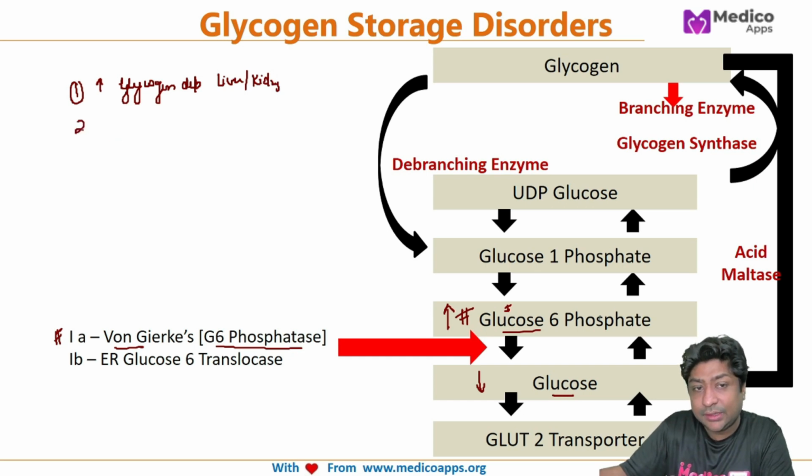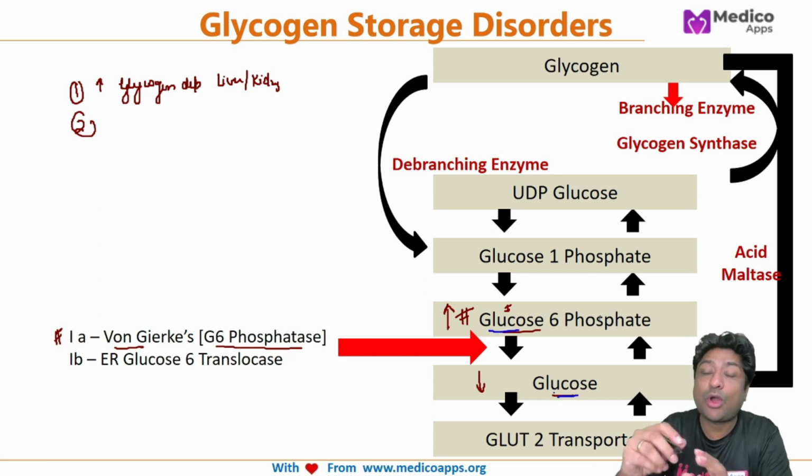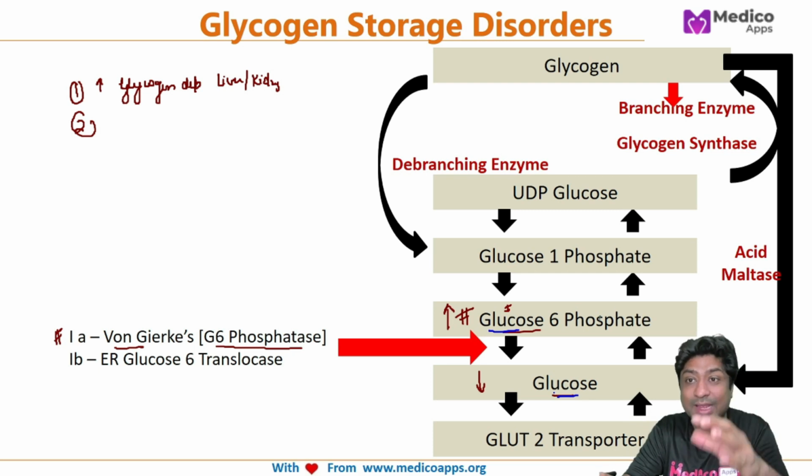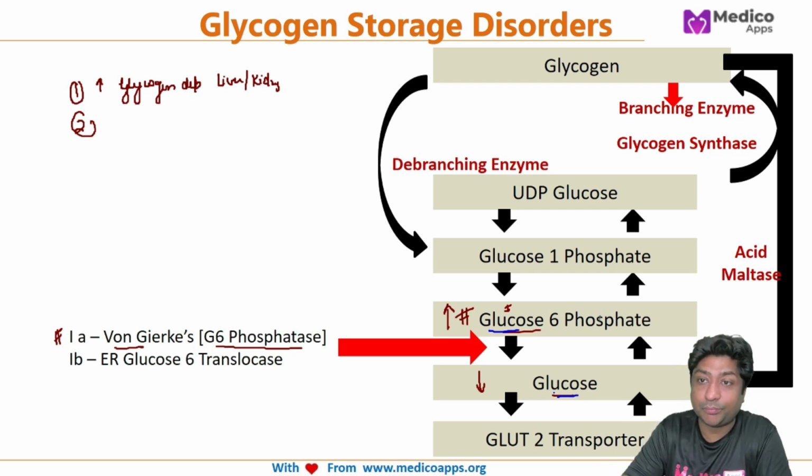Now interestingly, this step, conversion of glucose 6 phosphate to glucose, is common to both gluconeogenesis and glycogen breakdown. Both these mechanisms are very important to prevent the fall of glucose in your body. Both these mechanisms have now been wiped out because of a single step.